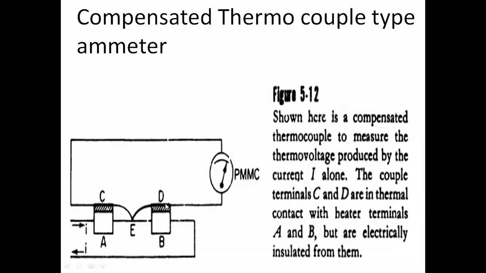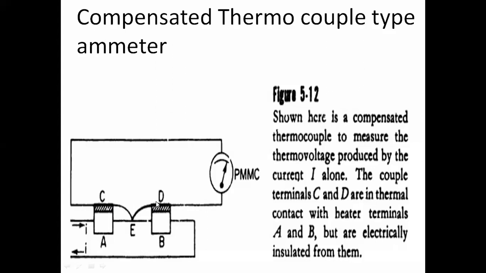That variation also affects the value which is measured here. The value measured should be from the applied current only, but due to external temperature variations, the temperature also affects the joints of these thermocouple endpoints.